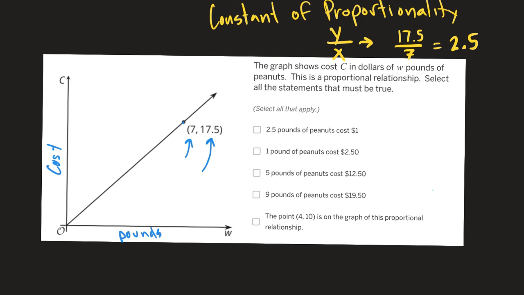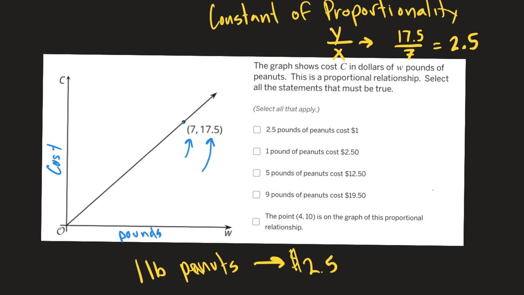Understanding what the constant of proportionality is is an important concept here. Constant of proportionality, or unit rate, is just how much of something for one of something. So if we had 1 pound of peanuts, that's going to cost $2.5.